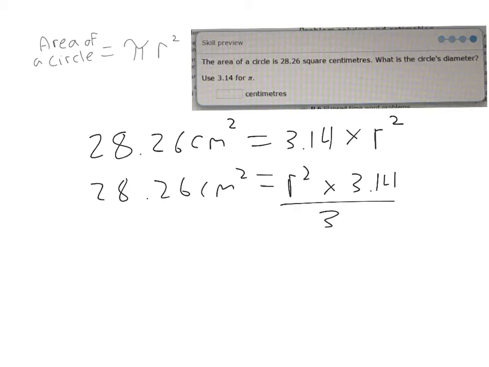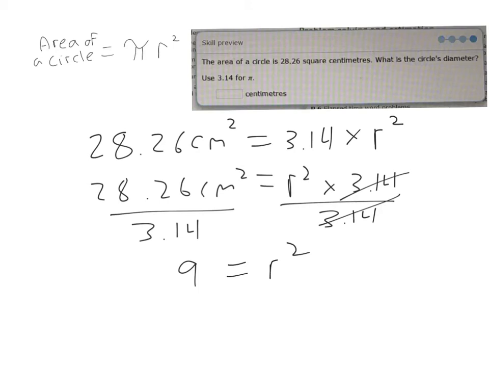So divided by 3.14, divided by 3.14, cancels out. I'm going to do the division on my calculator. And it says that 28.26 divided by 3.14 is 9. So 9 equals r squared.